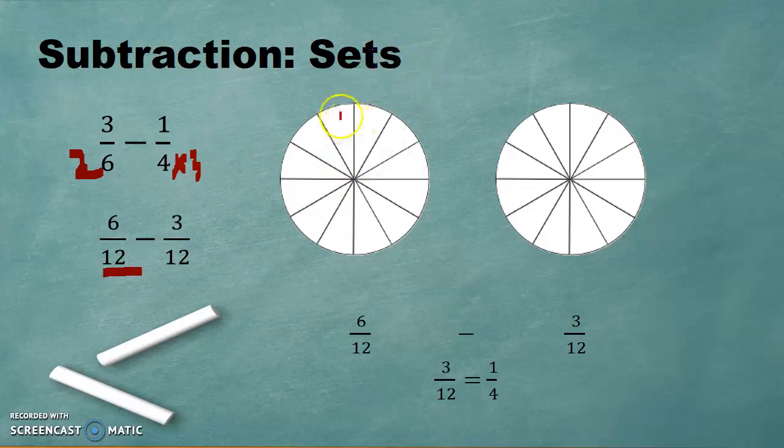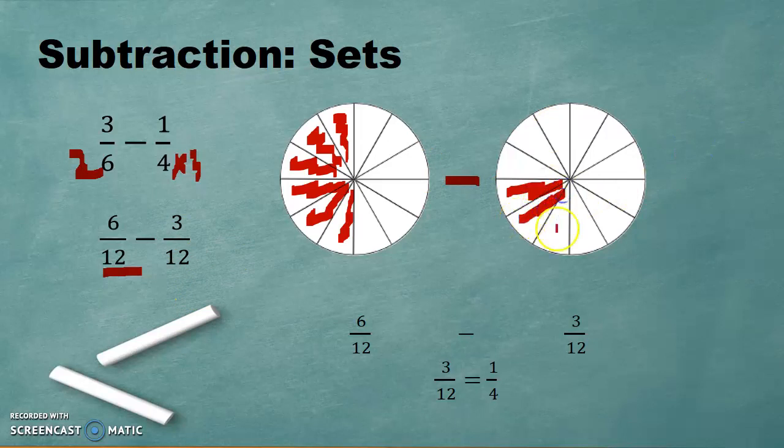difference in the end. So here we have our charts divided into 12 equal parts. So we have 6/12. So 1, 2, 3, 4, 5, 6. And we are subtracting 3/12, which is 1, 2, 3.